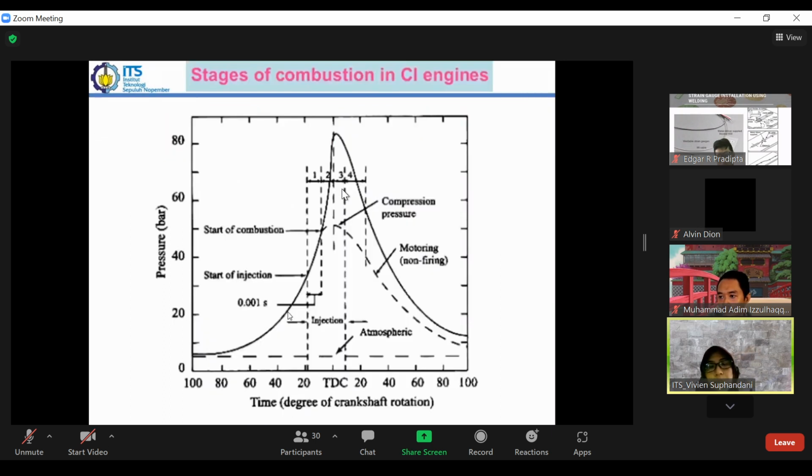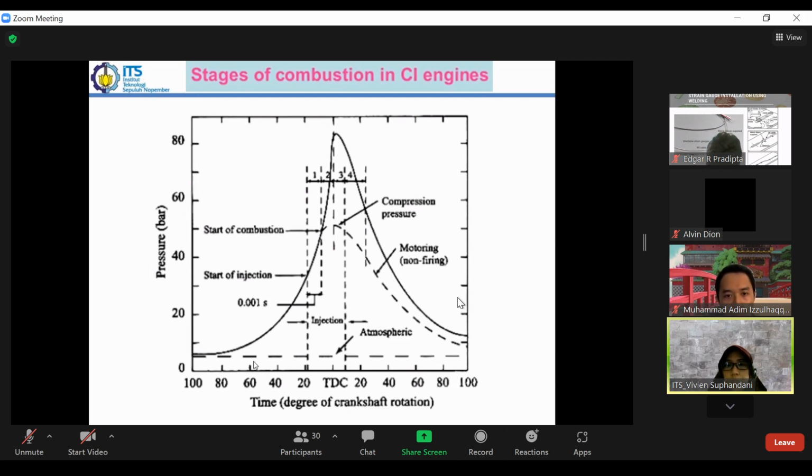When we plot the process in pressure versus crank angle, as we did for the gasoline engine before, the trend is generally similar, and we also have a delay as in the spark ignition engine.